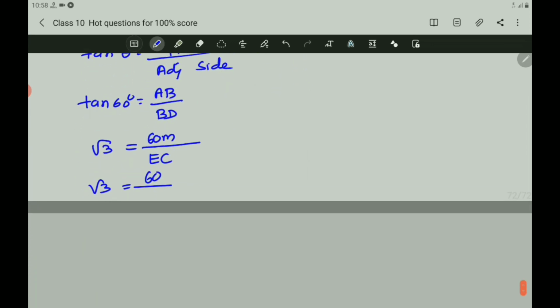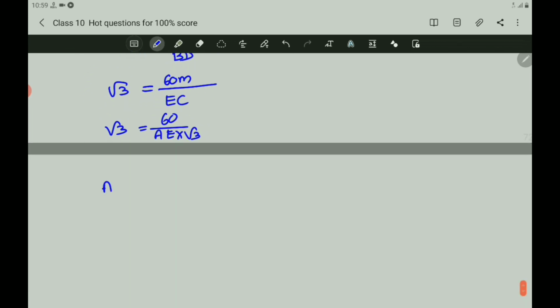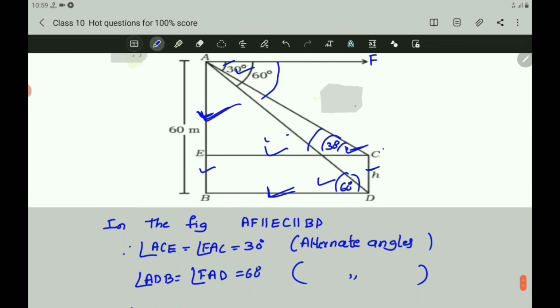By using EC you write AE into root 3. Now here you will get AE. AE is equals to what? 60 by root 3 into root 3, that is AE is equals to 60 by 3, which is 20 meter you got.